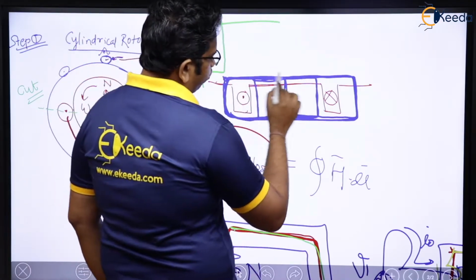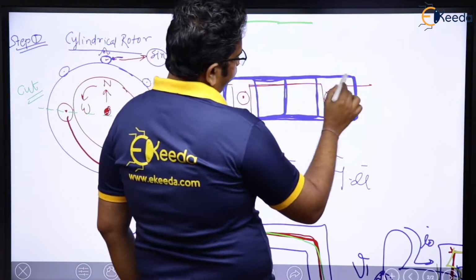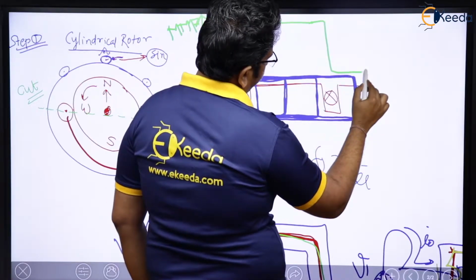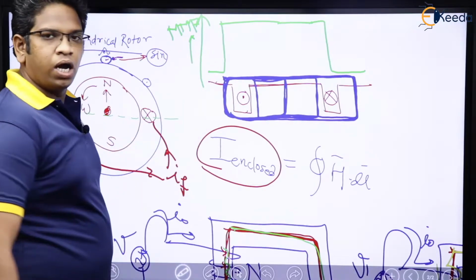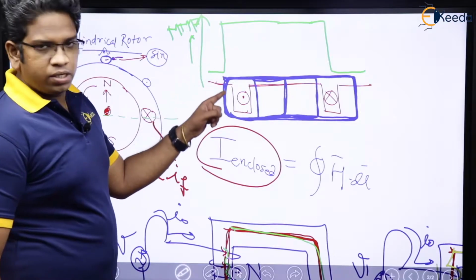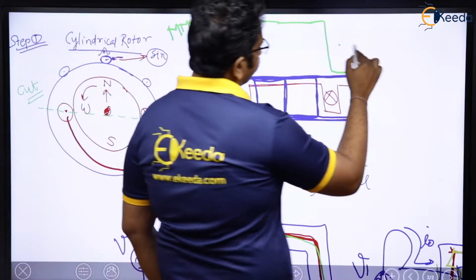From here to here, the same I current will be there. From here to here, it is going to be 0. So this is going to be the MMF wave. I hope you are understanding it. Now, please tell me, is it sinusoidal? No. This is 100% non-sinusoidal.